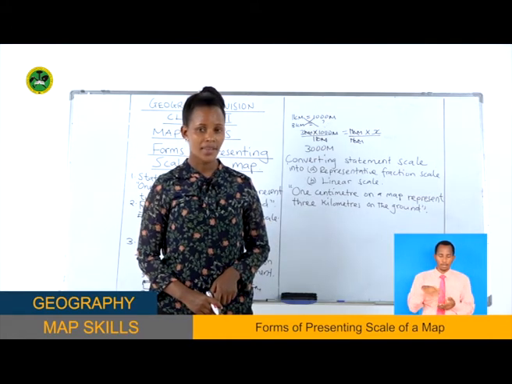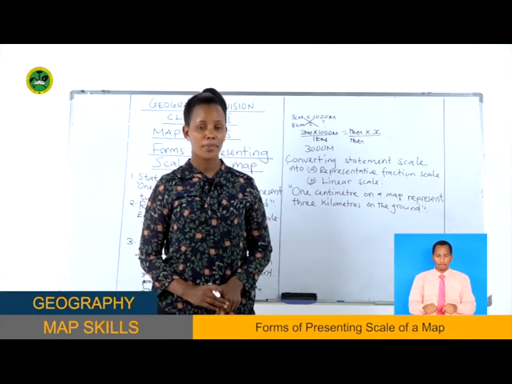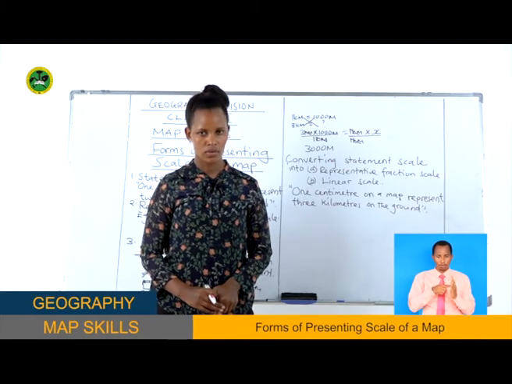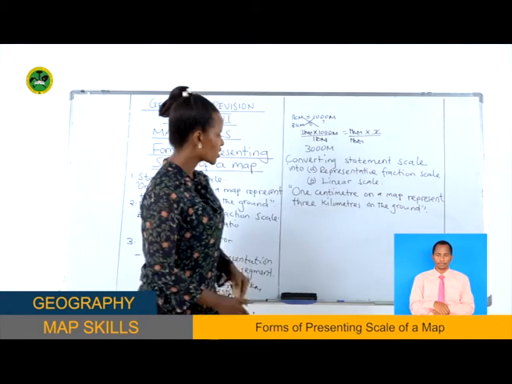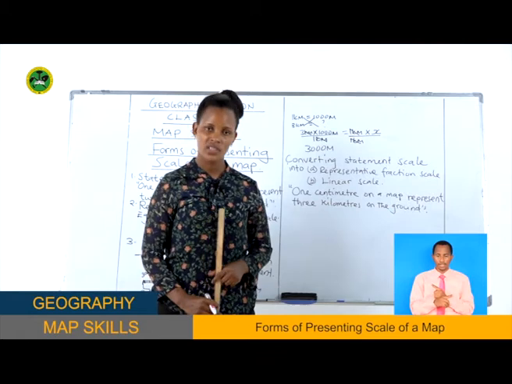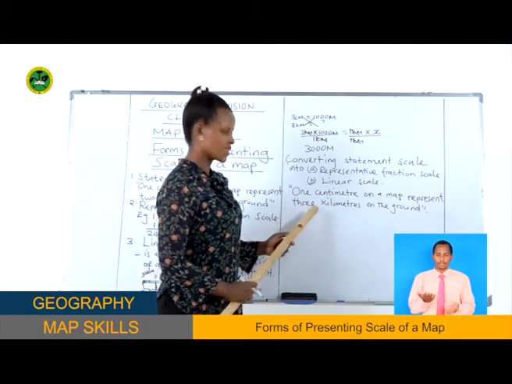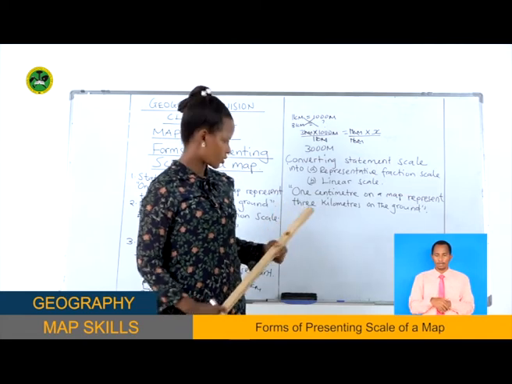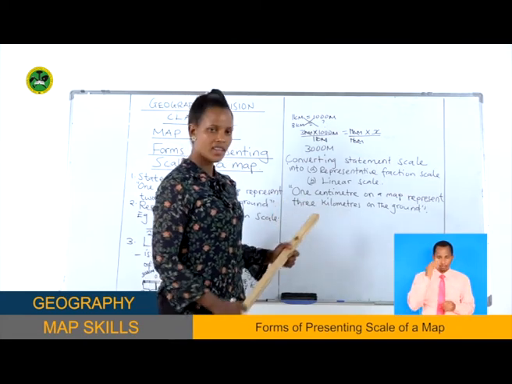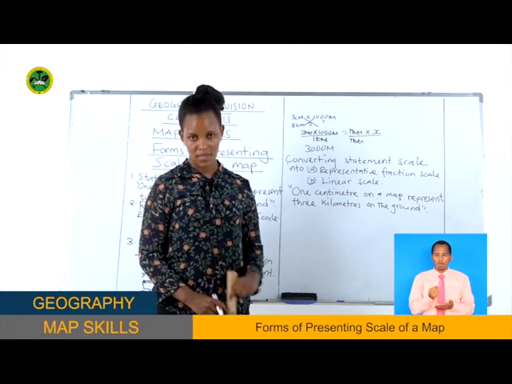The first step here, you have to know the constant formula from the metric table. Why? Because changing statement scale into representative fraction scale, we deal with kilometers given in the statement scale. So 3 kilometers given in the statement scale should be converted into centimeters.